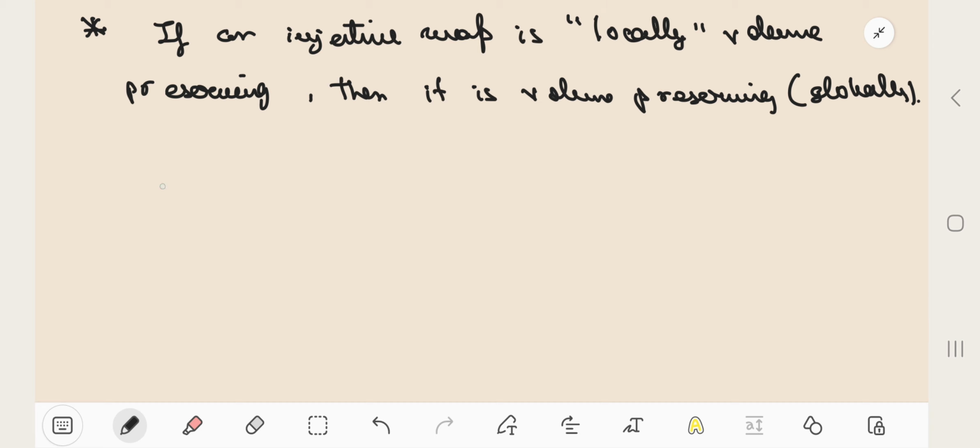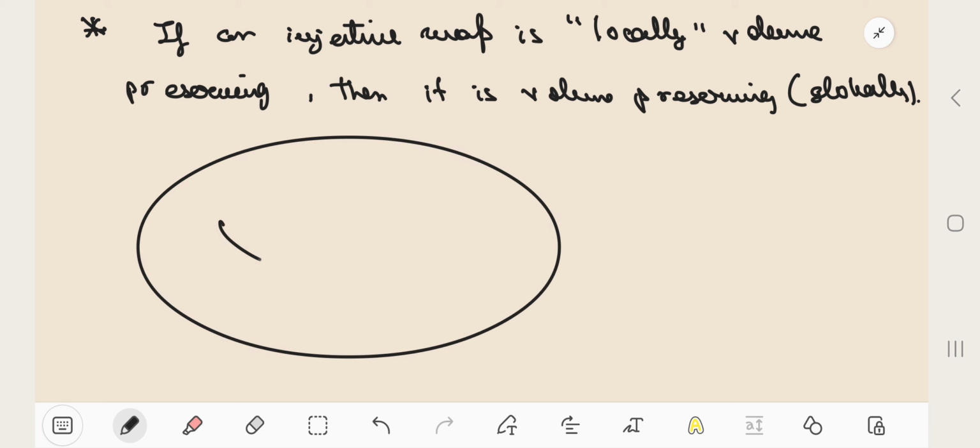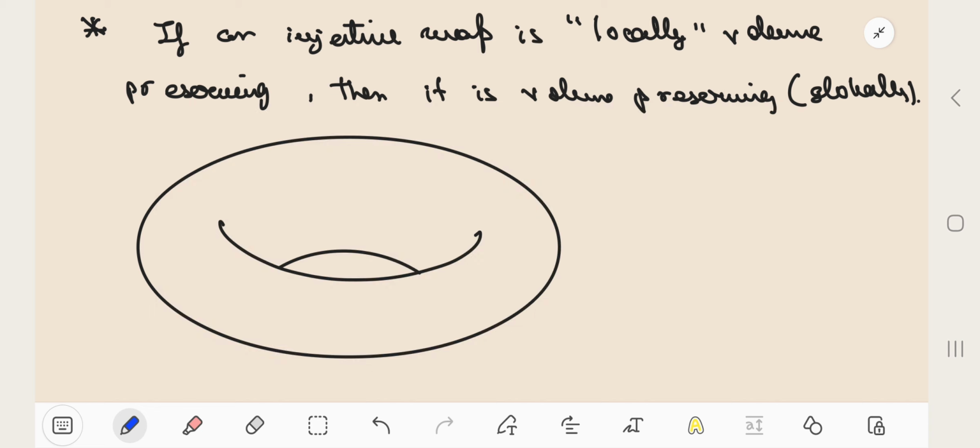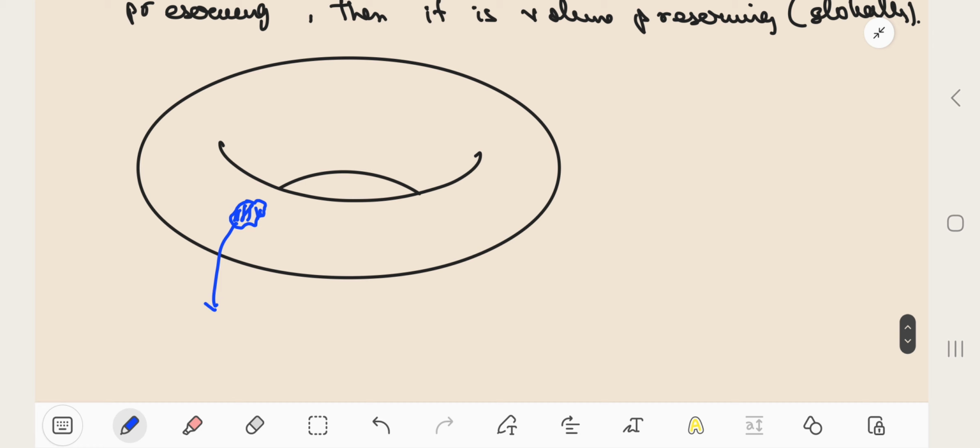See, suppose this is your Rn, or let me not talk about Rn. Suppose I take your torus, a two-dimensional torus, for example. Now I know that this comes out to be a map from Rn with kernel as the points of the lattice. If I choose an extremely small region over this torus, you will see that it is just a flat portion.